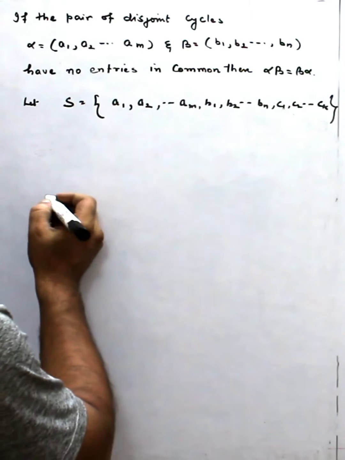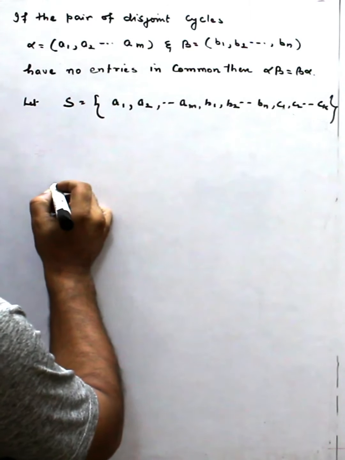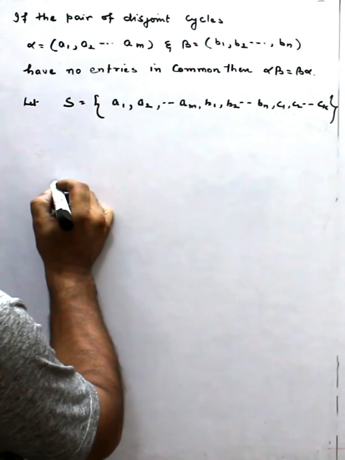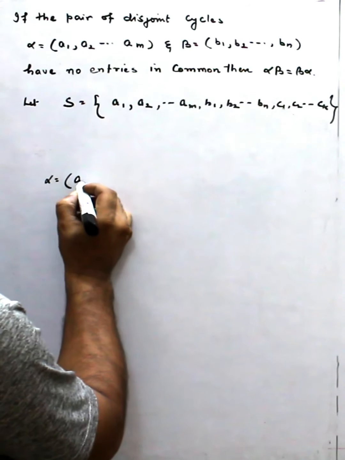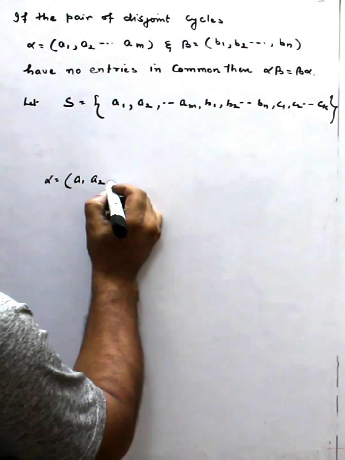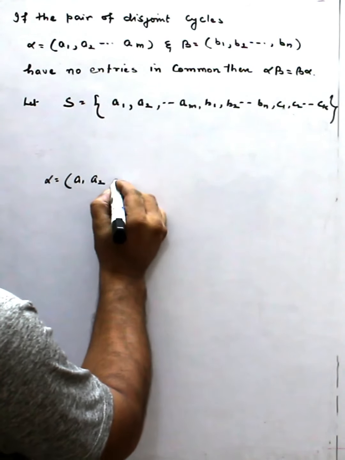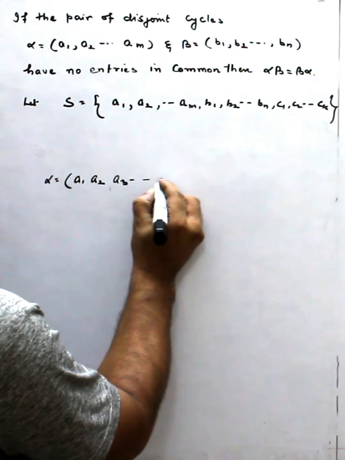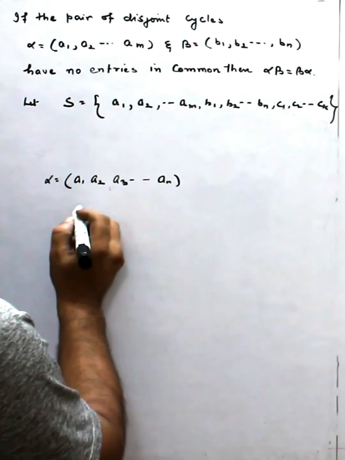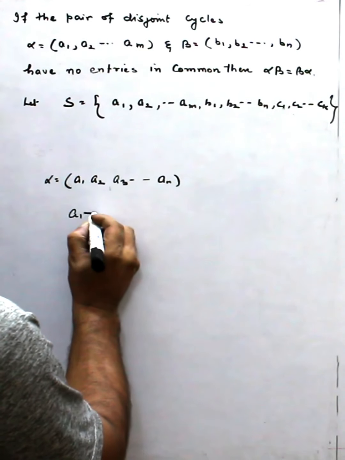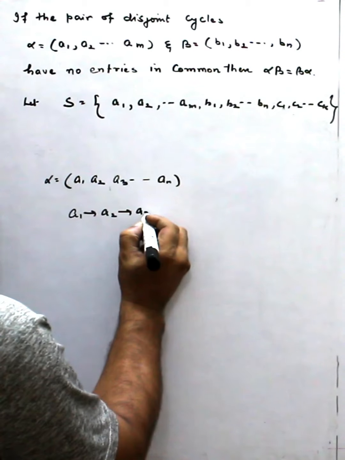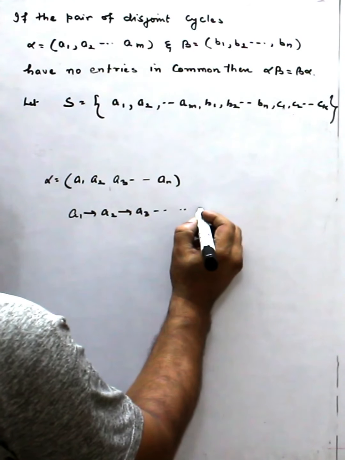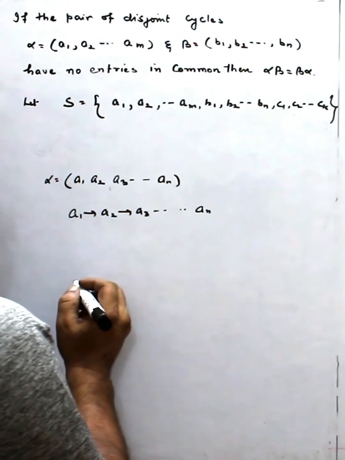This is one part. And one more thing we understand: what does a cycle mean? Like alpha is A1, A2, A3, An. This means A1 goes to A2, A2 goes to A3, and like this.